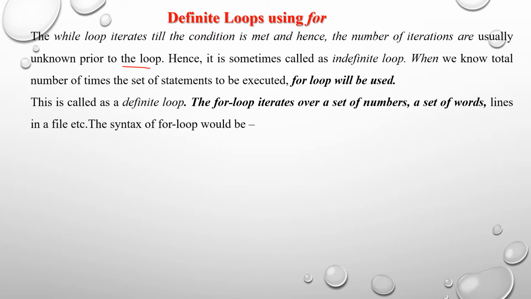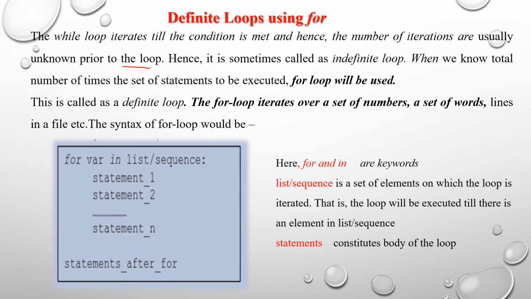The for loop iterates over a set of numbers, a set of words, or lines in a file. This is the syntax of the for loop. This is the header of the for loop. It consists of for, which is the keyword, then we specify the variable name, and in is the keyword.